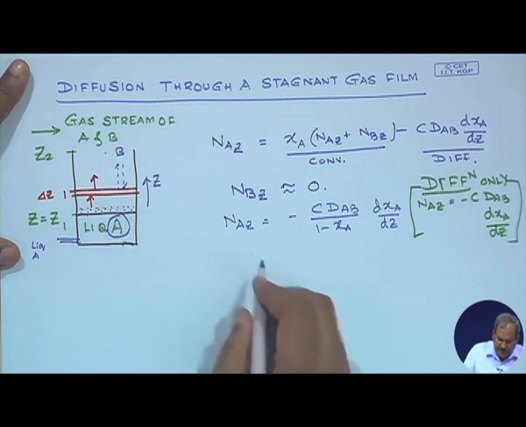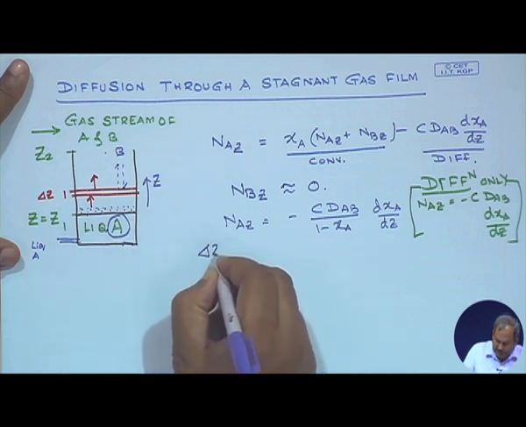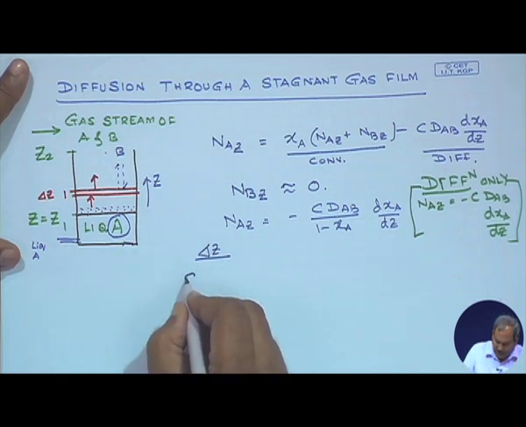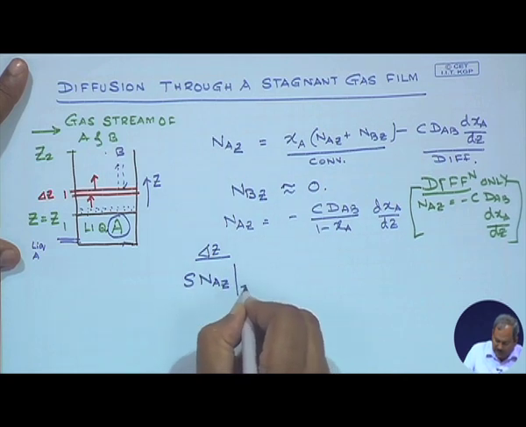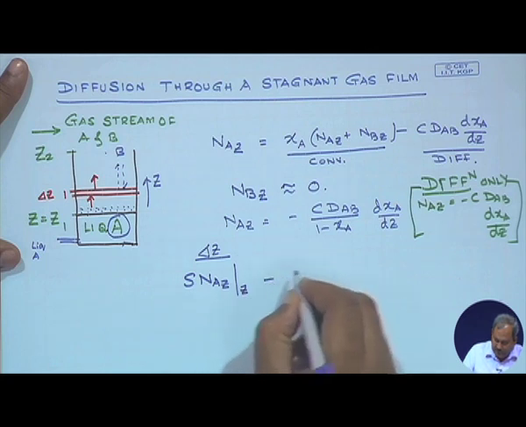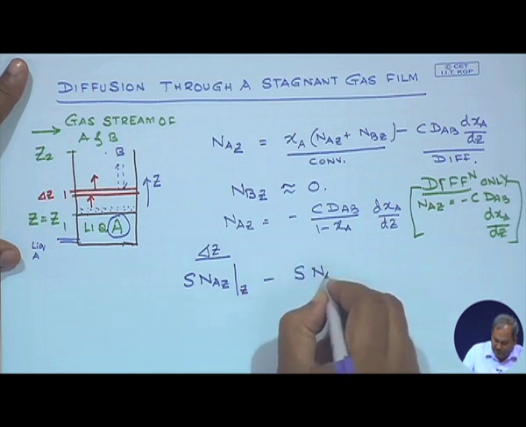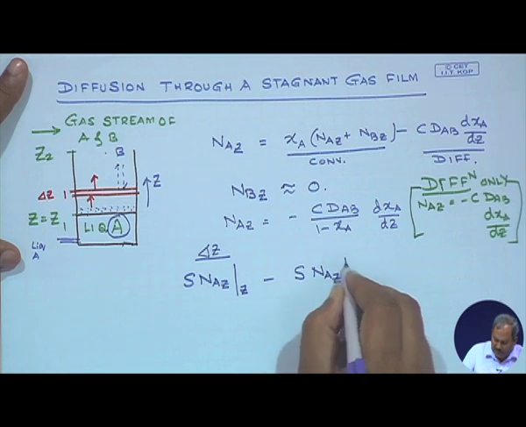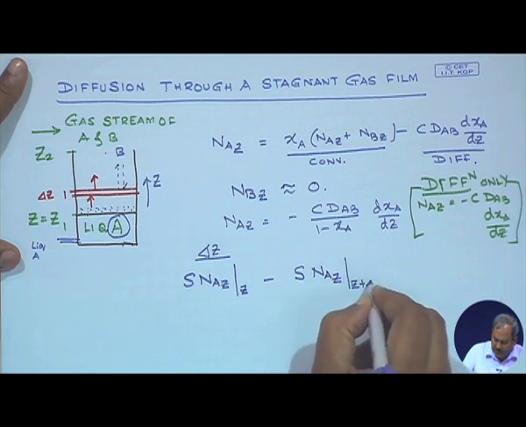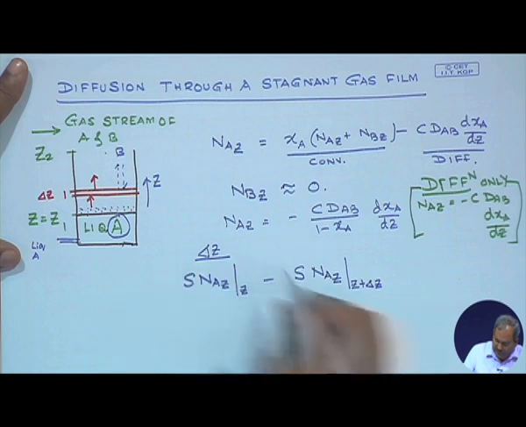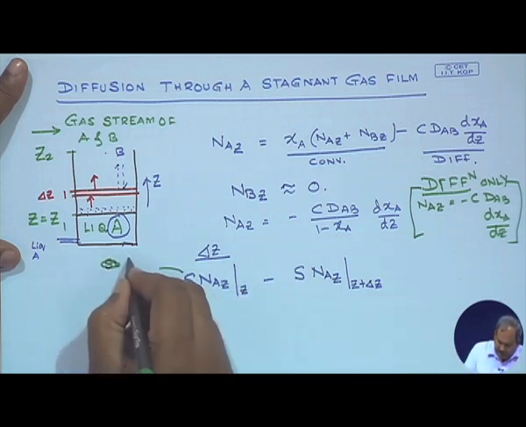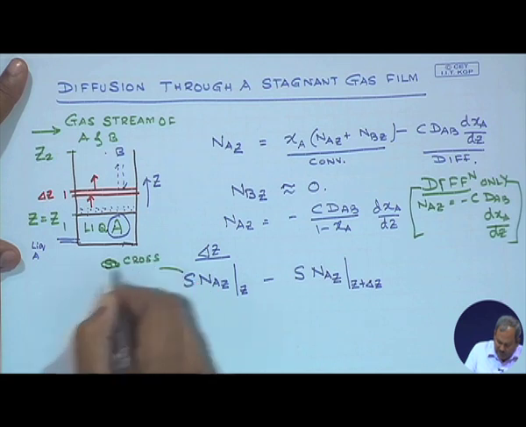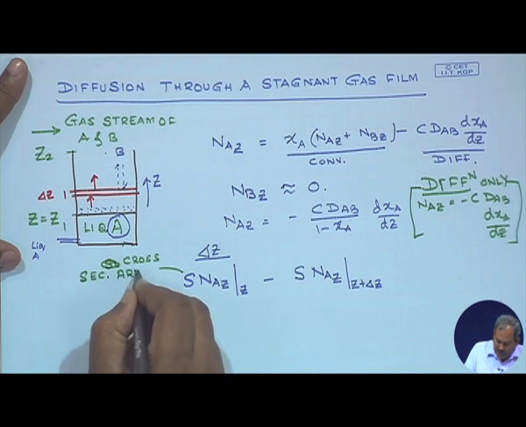So, for an incremental height delta z, the rate of A in the z direction coming in at z must be equal to the rate of A in the z direction going out at z plus delta z. S is simply the cross sectional area of the tube.